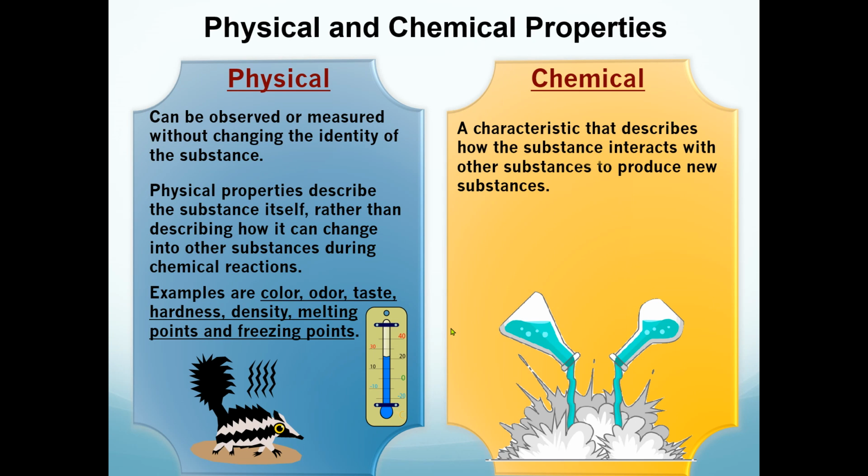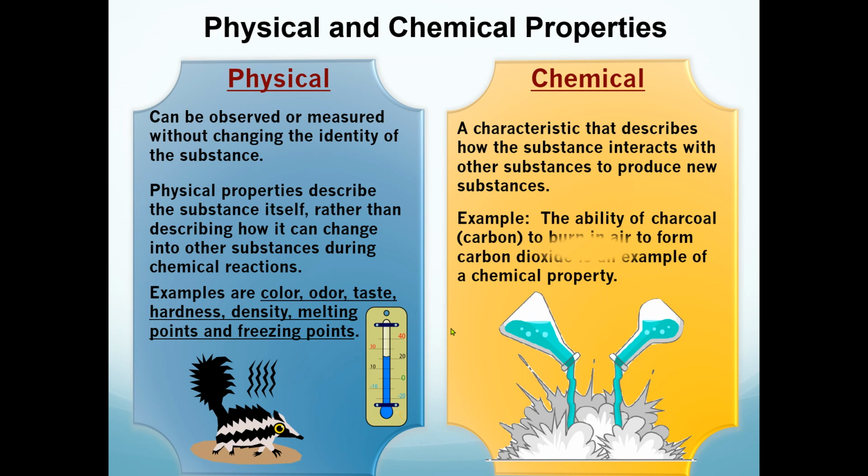Chemical. The characteristic that describes how a substance interacts with other substances to produce new substances. Now, these are things like the bangs, the pops, the creation of heat, changing paper into carbon. Those are chemical changes or chemical type properties.